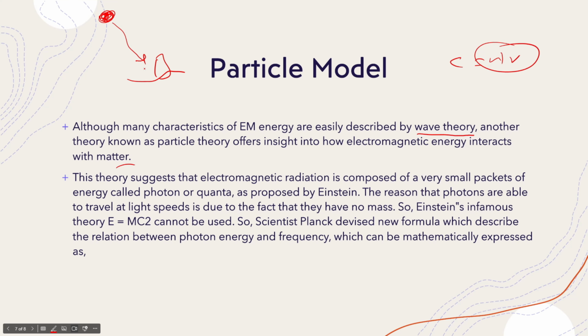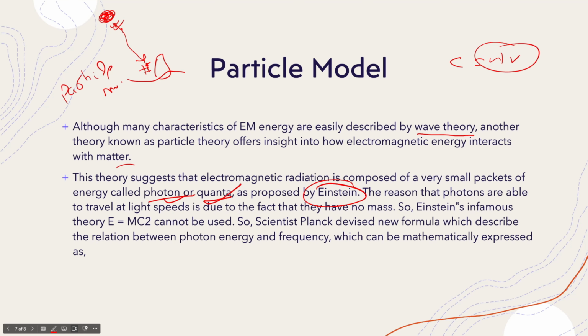To describe how it interacts with the surface, we need to understand its particle model. This theory suggests that electromagnetic radiation is made from very small packets of energy, called photons or quanta, as proposed by Albert Einstein.